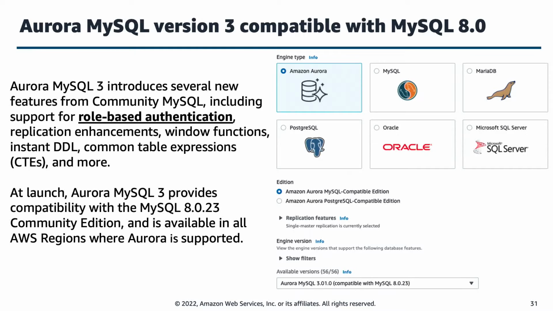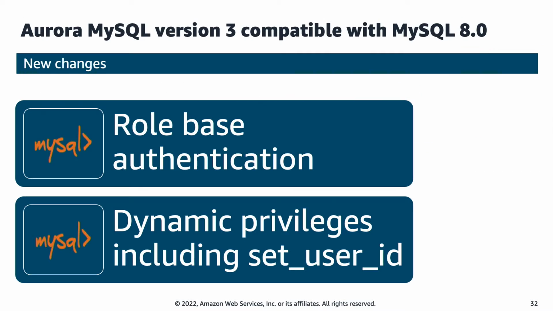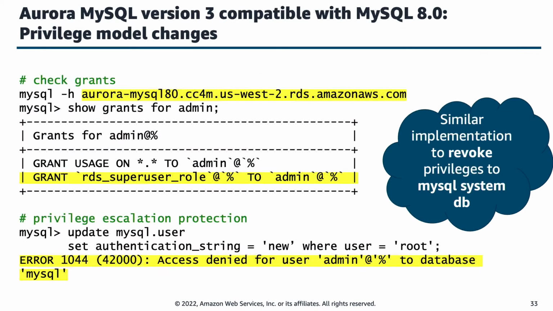So there are other features available in MySQL 8 that exist in Aurora version 3, but this is our focus. So role-based authentication and dynamic privileges. And dynamic privileges including set user ID to fix this exact issue that we have had for a long time. So let's take a look at that.